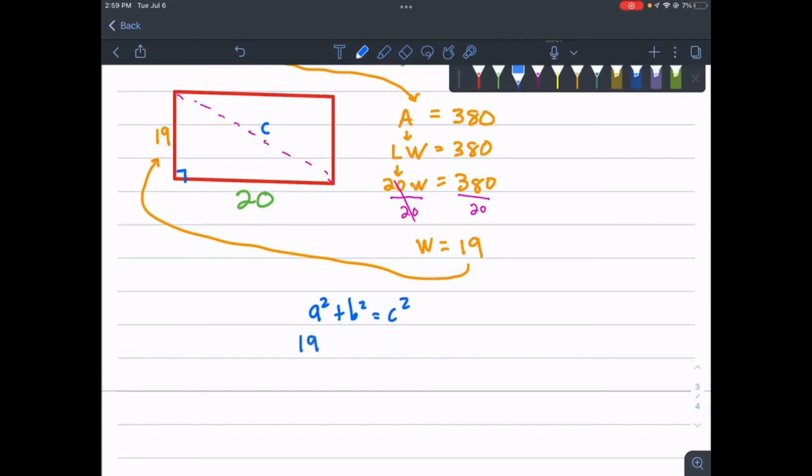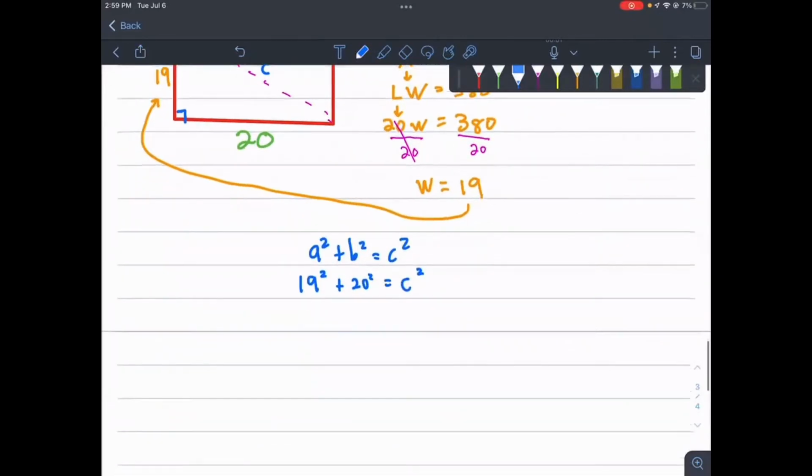So a is 19 squared, b is 20 squared, and then c, we don't know yet. 19 squared is 361, 20 squared is 400. So 361 plus 400 is 761.